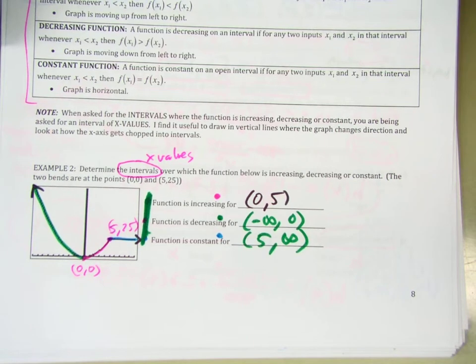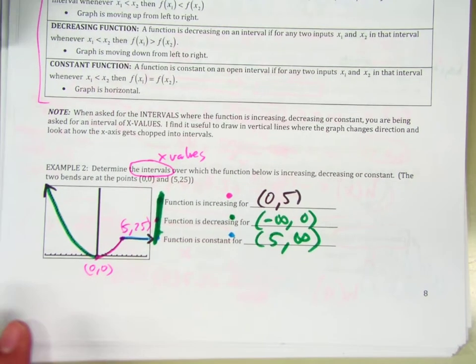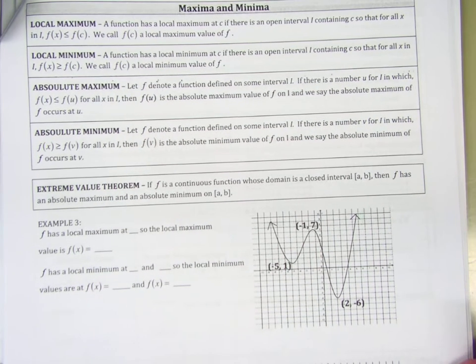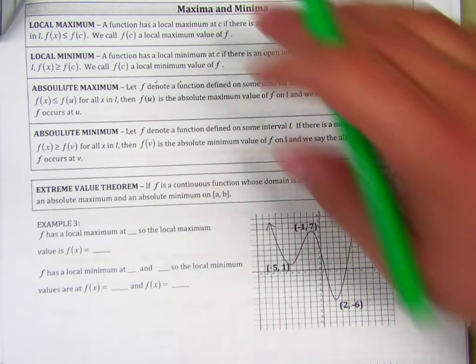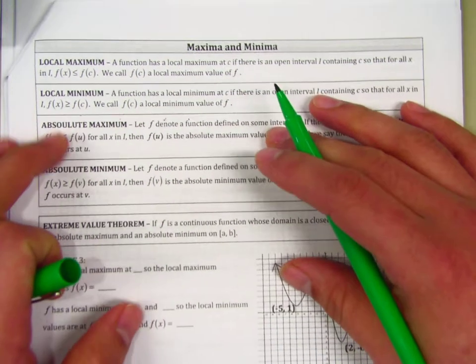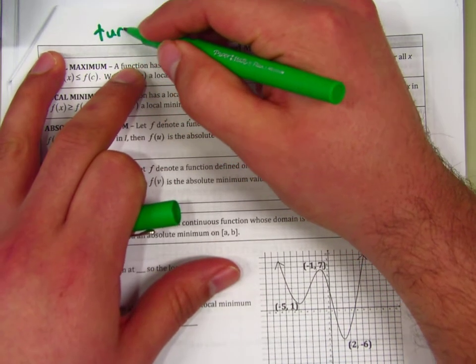My approach with this class, there's some stuff in here that's kind of involved, but I try to just make things as simple as possible. Hopefully that helps and you can remember what to do. If not, always ask questions if you need more clarification. Next we have maxima and minima. Before we even talk about those, I'm going to add in something called a turning point.